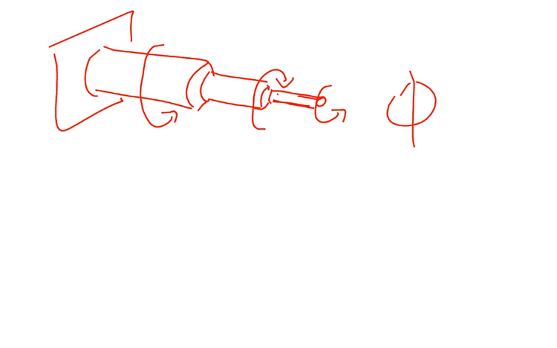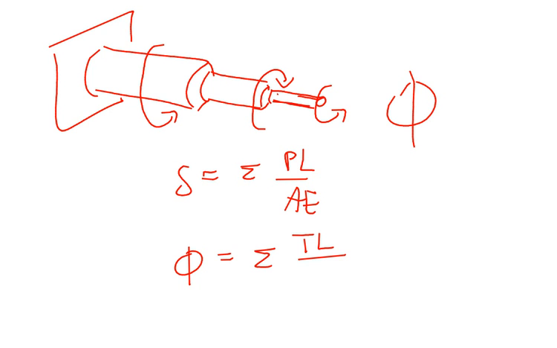So the procedure is going to be exactly the same. What changes is the equations. Whereas before delta was the sum of PL over AE, now we're going to have phi is the sum of TL over JG. That's the only difference.